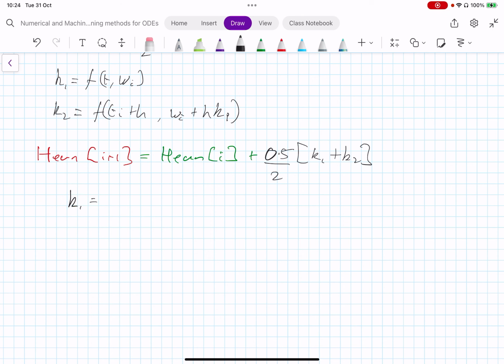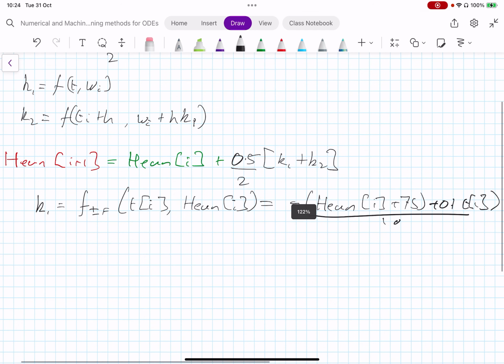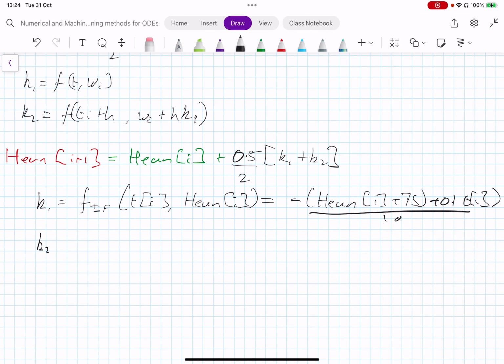Now, k1 is equal to f of t_i, Heun i, which we know is equal to minus Heun i plus 75 plus 0.1 t_i, all divided by 10. So that's the same once again as the Euler.